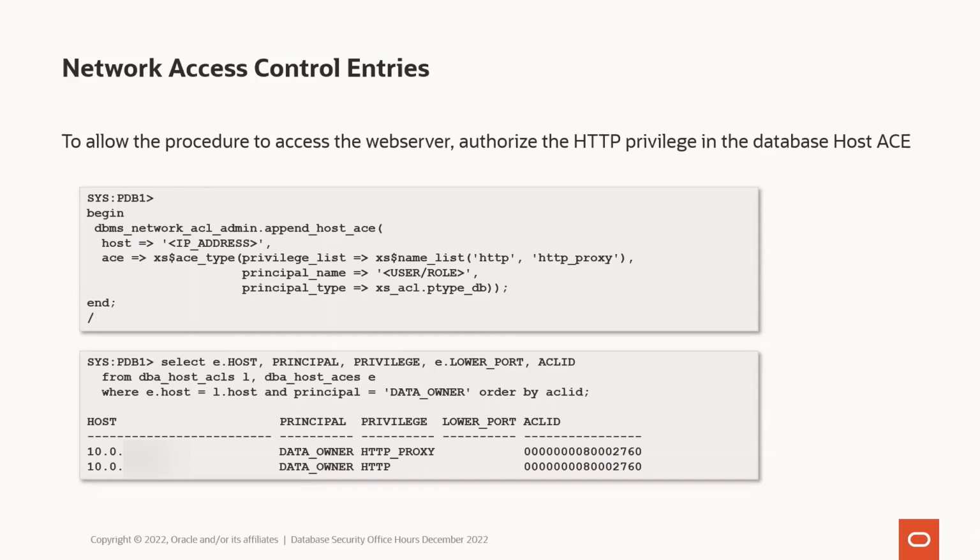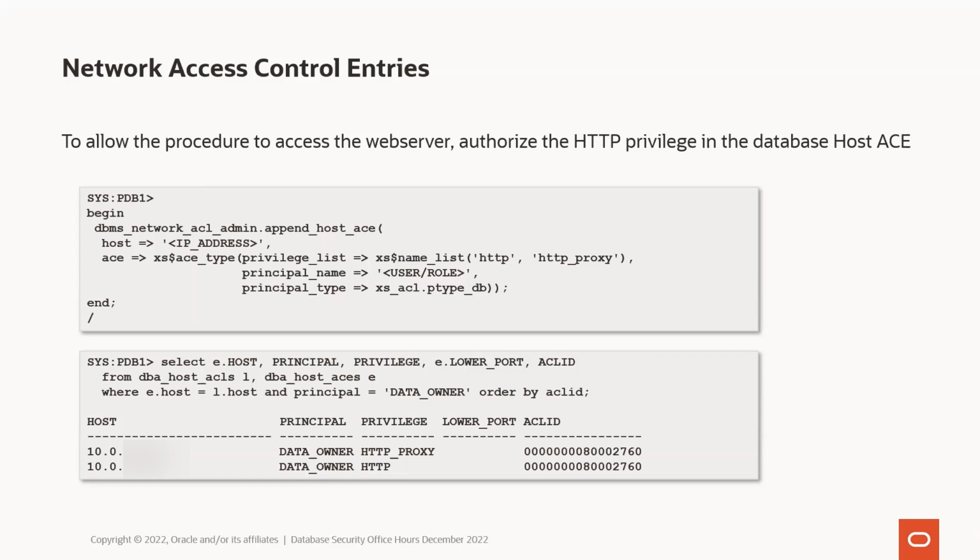This kind of follows the RAS, the Real Application Security principles of application users and database users. And so in this example, we're using a type of DB, and so it's a database user. And then if we go query the ACL and the ACE views, we can see that we've authorized access using HTTP proxy or HTTP for this particular user, data owner, to connect to this specific IP address that's internal.